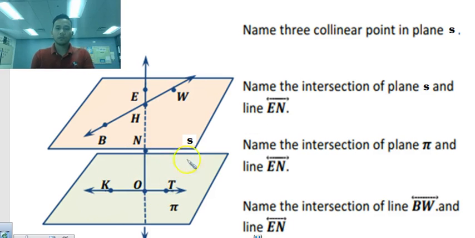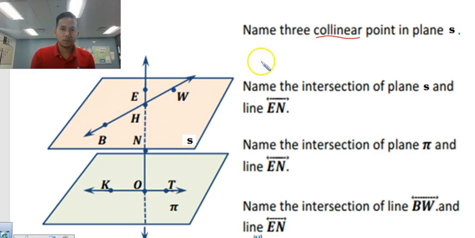We have point K, point O, point Z. So the first question is: name three collinear points in plane S. Again, when we say collinear, they need to be on the same line. We consider points as collinear when these points lie on the same line. Our basis will be plane S, and we have to look at three collinear points.